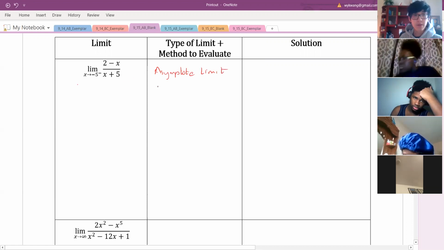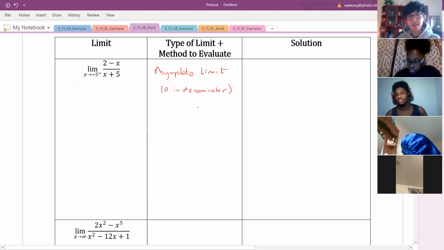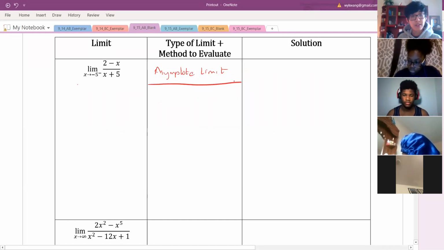Basically, when there's a 0 in the denominator, we know it's an asymptote limit, and we also have to make sure we can't simplify it or algebraically manipulate it, like factoring. And we can't do that here. And the way we solve asymptote limits is we plug in values that are very close to the asymptote, but not quite at the asymptote.